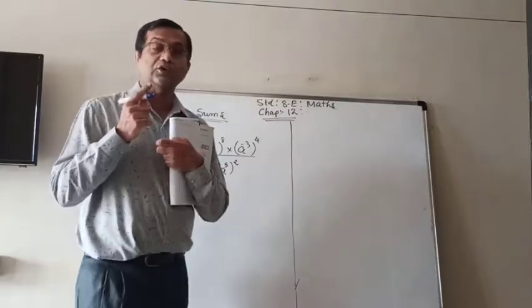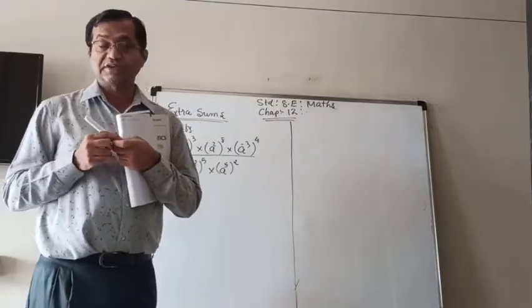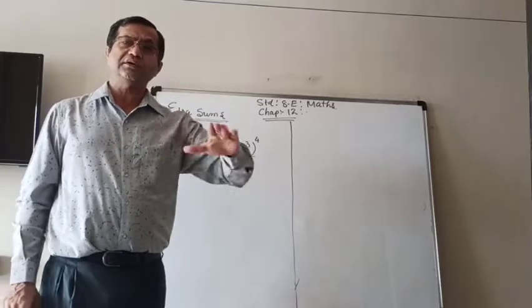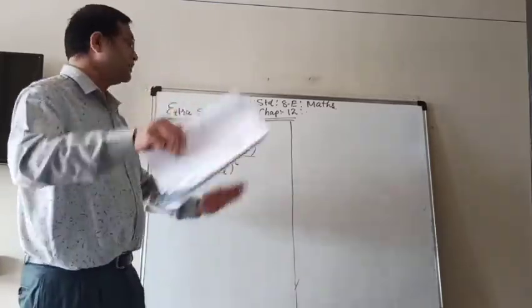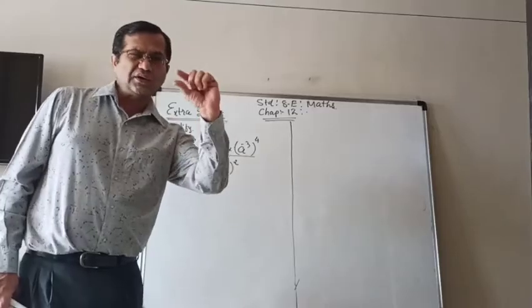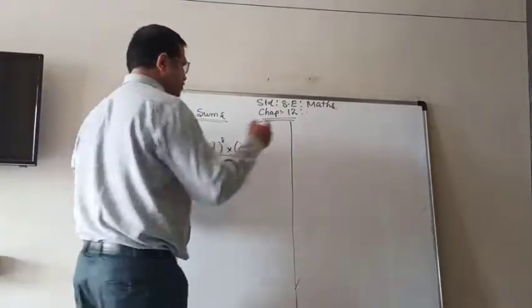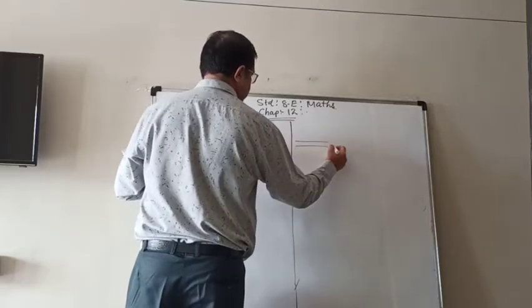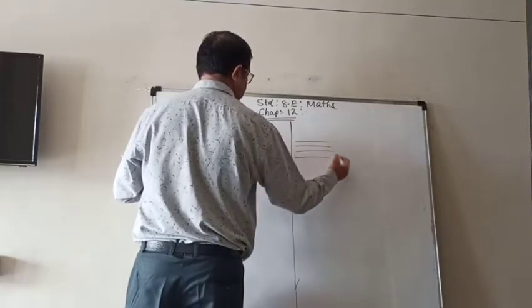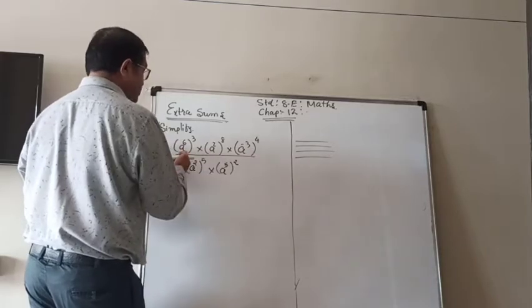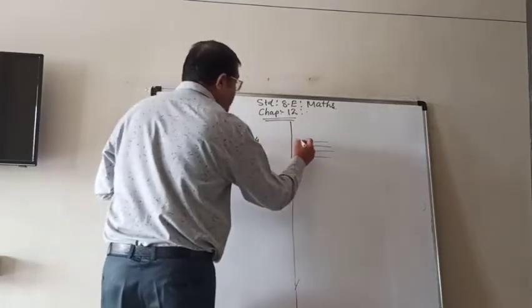Remember, whenever you attempt this chapter's sums, write everything freely. Don't write very congested, because sometimes in your notebook there are lines, and you try to write everything only on that line.